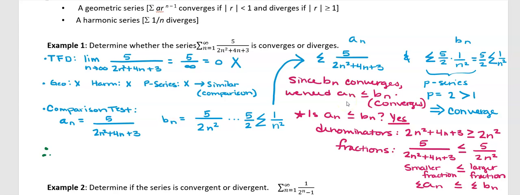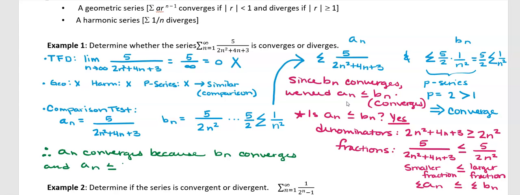And so we would say, therefore, a sub n converges because b sub n converges and a sub n is less than or equal to b sub n by the comparison test.